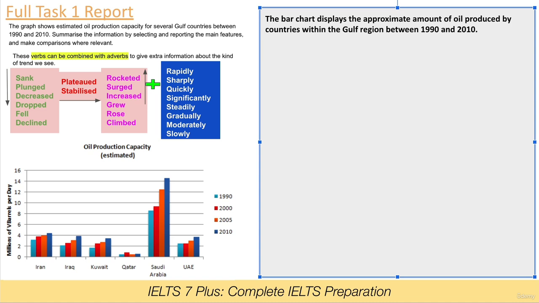So now what do we need to do? Well, we can go into our overview then. And we're going to talk about how Saudi Arabia's production is significantly higher than the other countries. And we can use a nice phrase like in general, or maybe at first glance. That's a nice one.